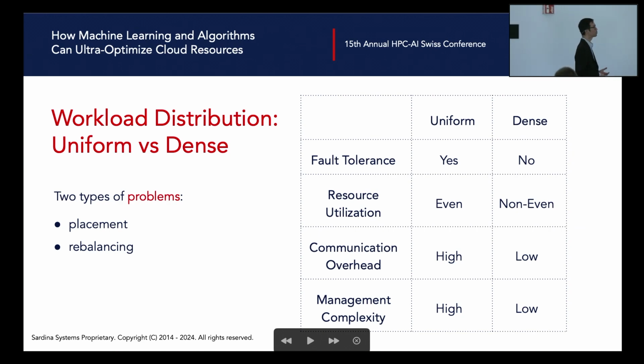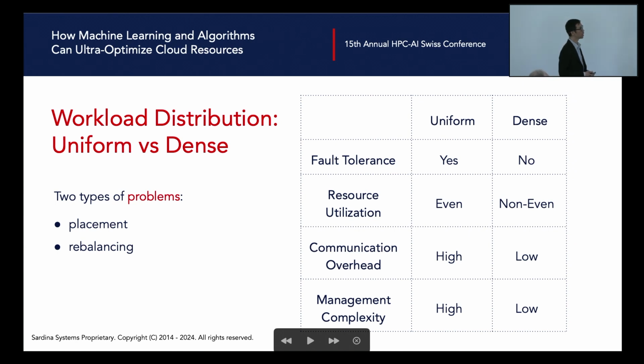So we have this issue of uniform versus dense situations, and we can see whether we're talking about a fault tolerance objective, a resource utilization perspective, or the communication and management complexities.